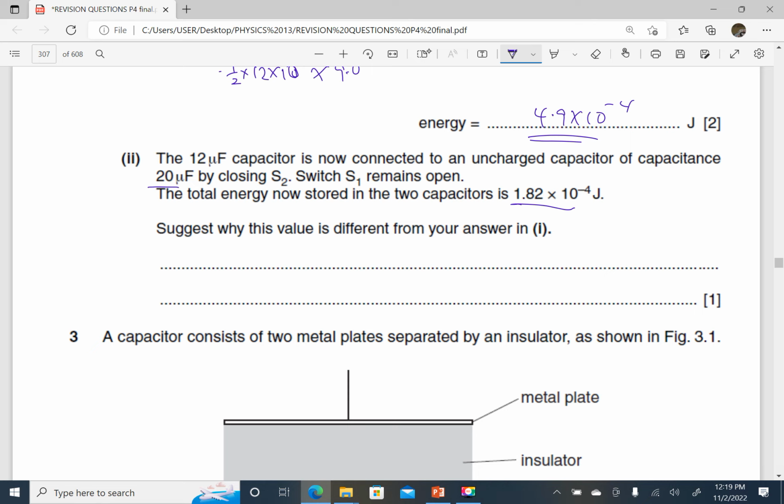We said every time the capacitor is charged, some of the energy is dissipated in the resistance of the wires. That's where the other amount of energy goes.